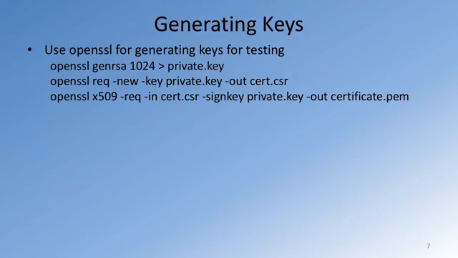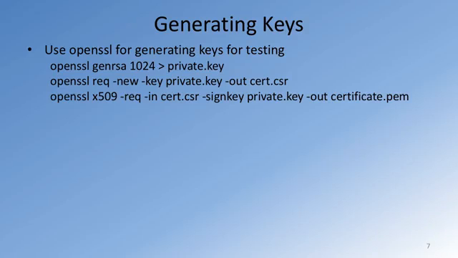So this is the operation we are going to do in our exercise that follows this lecture to establish an HTTPS server. The 3 steps that we do are, first, we will generate the private key by using the first command. Then after that, we will generate a cert.csr, which will then be used for us to generate a certificate that can be distributed to the client side by the 3rd command shown there.